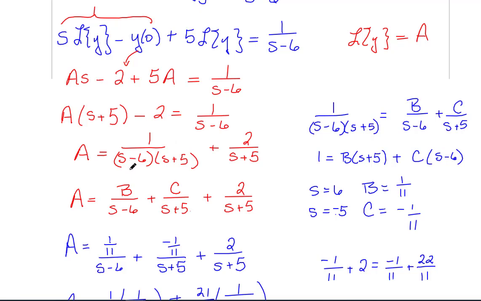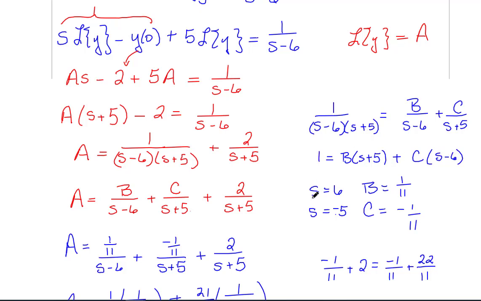This piece, by partial fractions, is splittable as B over the first piece plus C over the second piece. Same deal, multiply through by the denominator on both sides. I get B(s plus 5) plus C(s minus 6), and a 1 on the left.